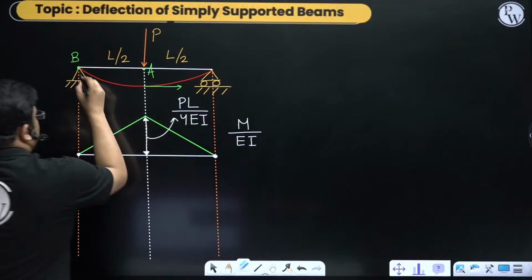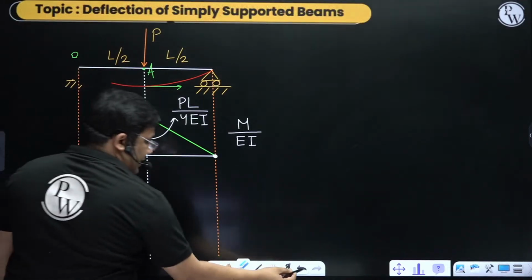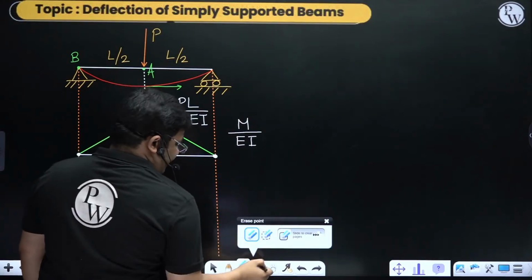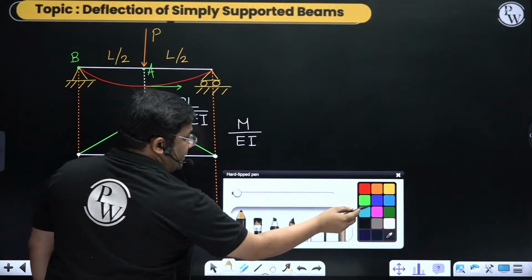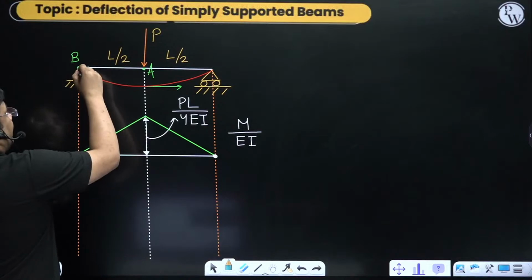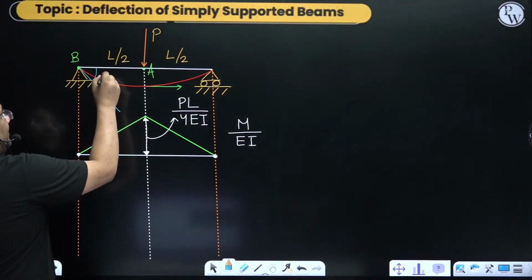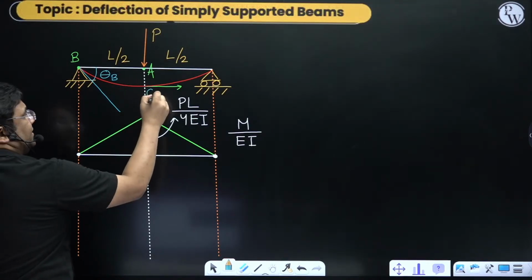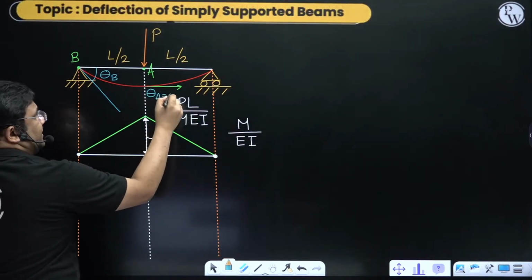And at B, I am getting some slope. Suppose I call this slope theta B, and theta A is 0.